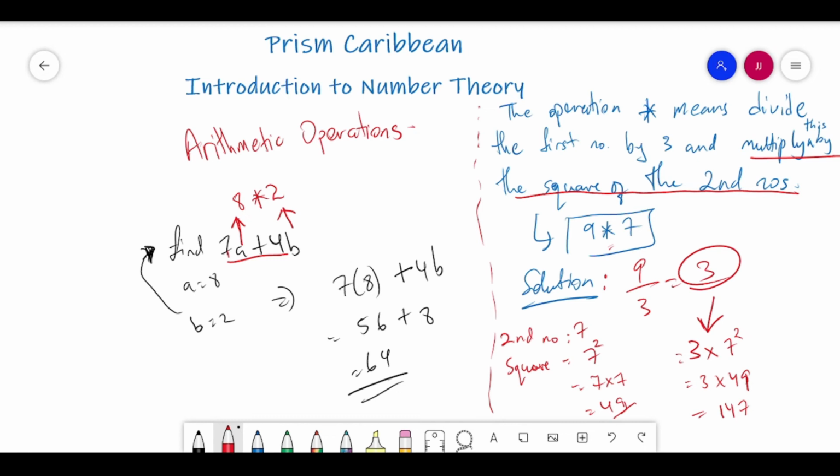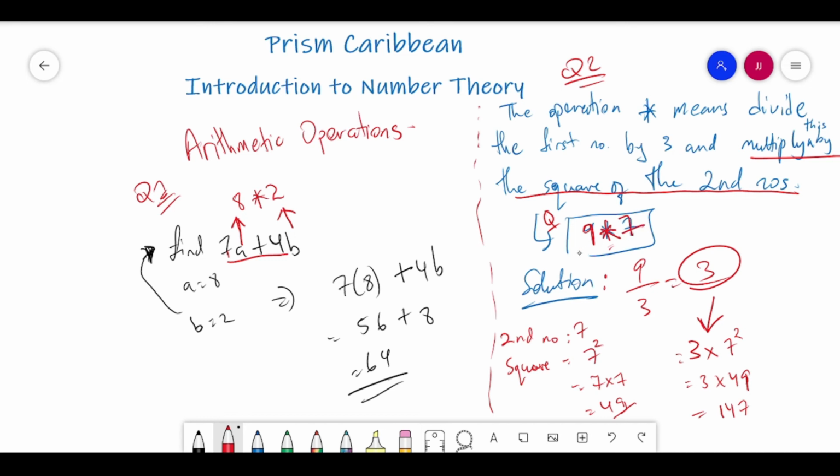So let's go over it again. The operation star or asterisk means divide the first number by 3 and multiply this by the square of the second number. Let me just say this is question 1 and this is example 2. So the question is 9 star 7, and we have the solution.